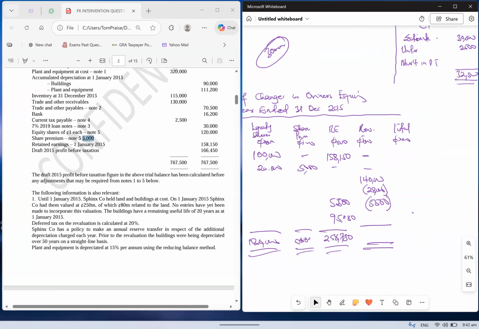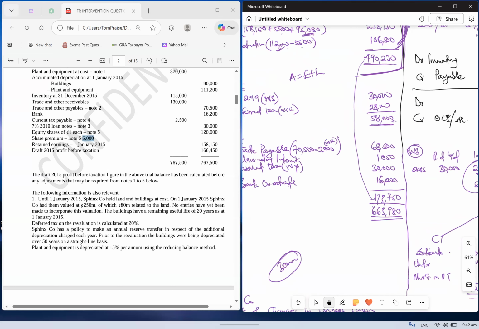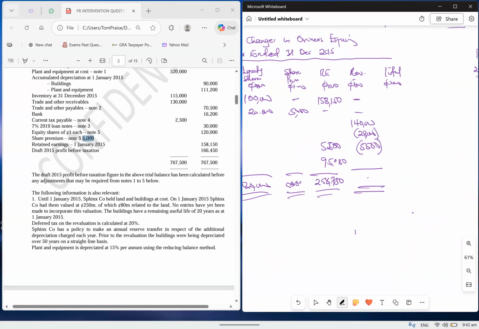And this one, what do you have? 106,500 and 0.500. Everything should be equal to the last figure you totaled at your equity side. So that's how you do the statement of changes in owner's equity.